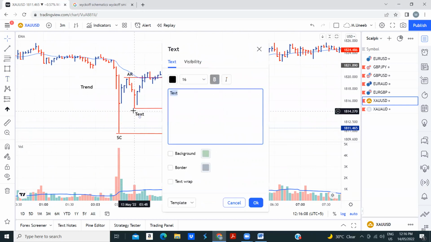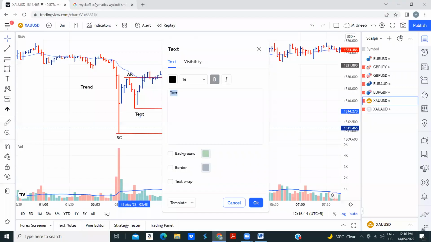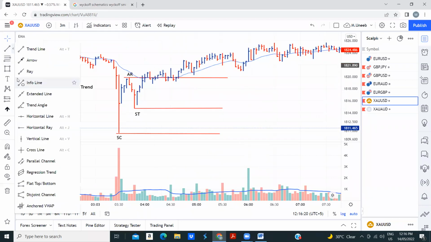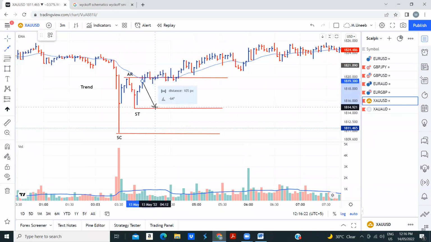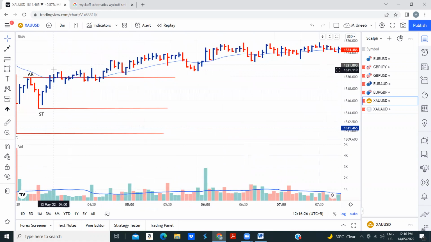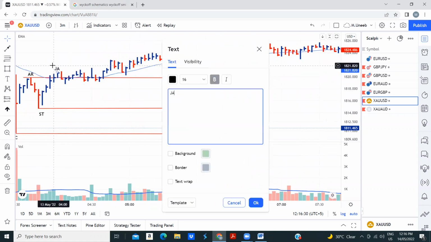Secondary test. Now we are waiting for the price to come back, test this region and make a spring. But what happened? Did we see any test? No. But what do we see? Sign of strength. Jump across the creek directly. Did we see the jump across the creek directly?